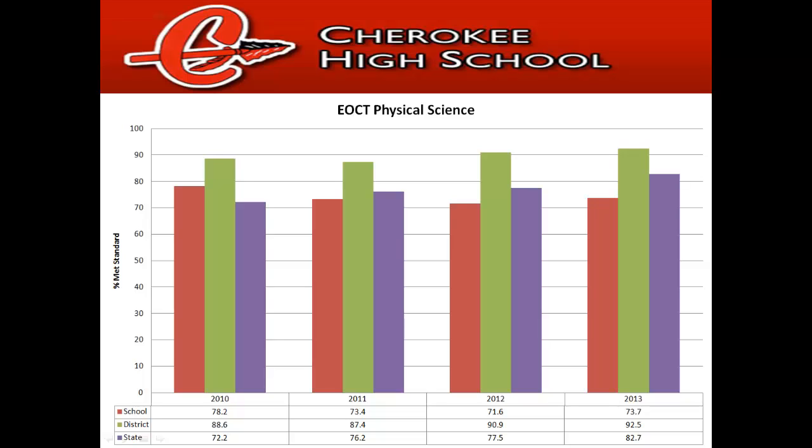Still, both Cherokee High School and Cherokee County are outperforming the state on this EOCT. But Cherokee High School is sorely lacking when compared to the rest of the district on this particular test, with a difference of almost 20 full points between the district and Cherokee High School.